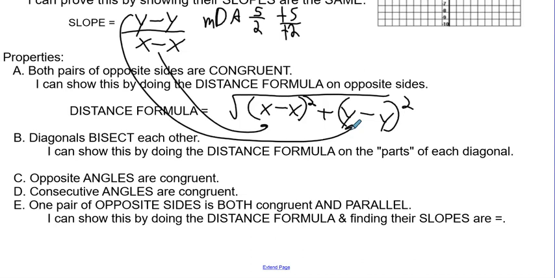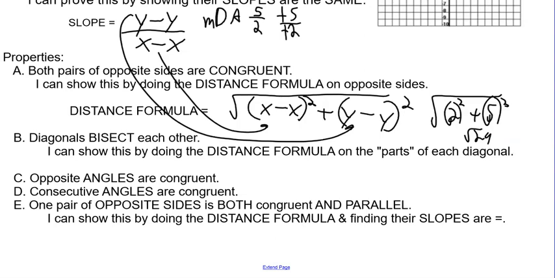So for example, on the upper one we just did, we could say the square root of x minus x, well, we know that's 2 squared, plus y minus y, well, that was the 5 squared. So that's the square root of 29. So it's a little shortcut.